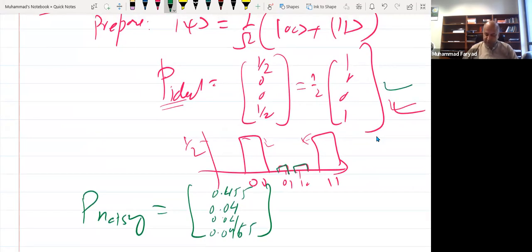There are some bit flips that are changing this state into this state. And there are some bit flips which are changing this state partially to this one, and this one. So that's why our measured probability is different from what it should be, even if our state at the output is present with this ideal distribution. So this is what we are measuring.